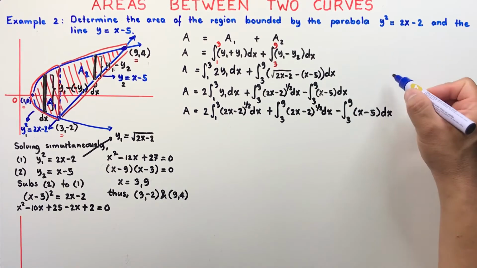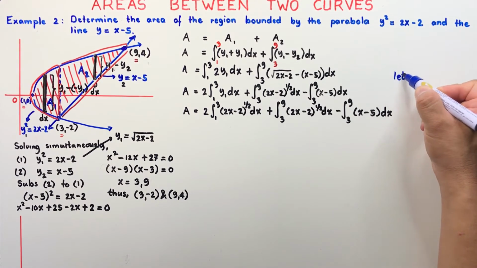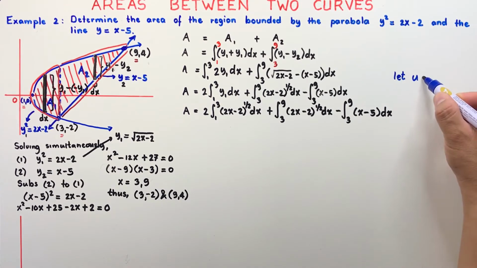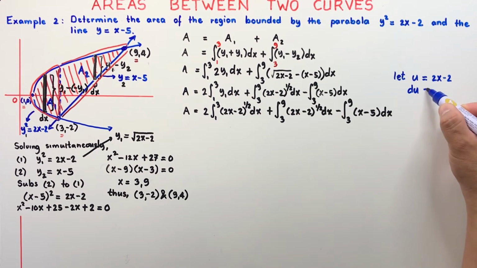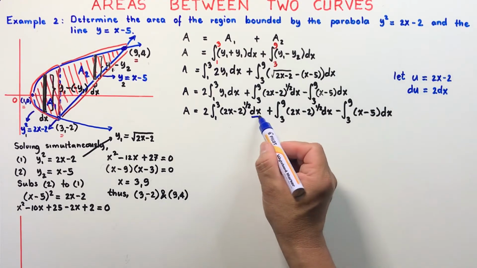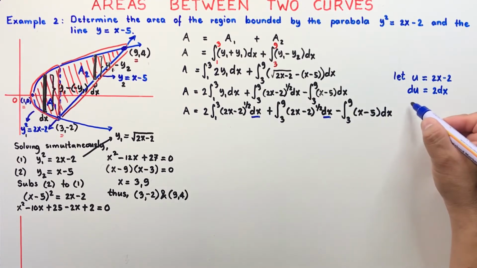Now, we can use the dummy variable by substitution. We have u which is equal to 2x minus 2. And if you get the differential of u, we have 2 dx. But we don't have the 2 dx here, only dx. So we can divide both sides of the equation by 2.